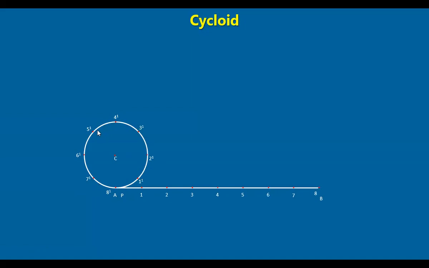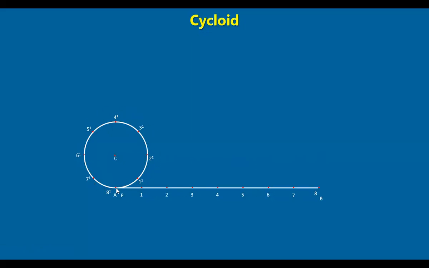The meaning of it is, when the circle is rolling, this point and C will be moving at the same height. There won't be any change. And when it moves a bit towards the right side, this point 1 dash comes in contact with the 1 here, because we have divided this circle into 8 parts, which is equal to this length here.